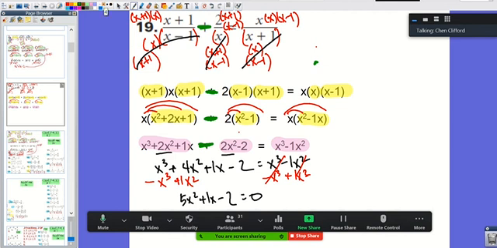We can jump to this little shortcut. This is basically going to be negative 2. Negative 2 times x squared is going to be minus 2x squared. That's fine. However, negative 2 times negative 1 is going to be positive 2. That makes this positive 2. That makes this positive 2. So instead of distributing a plus 2 that we had originally, we're going to get minus 2.